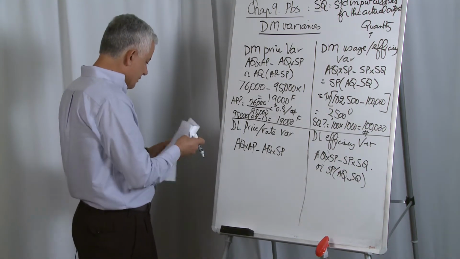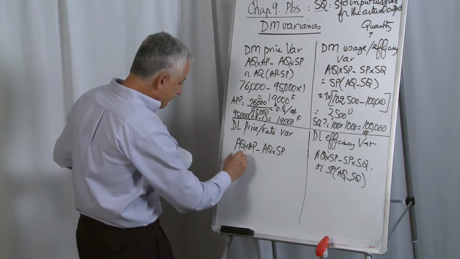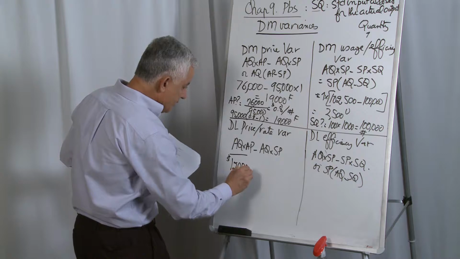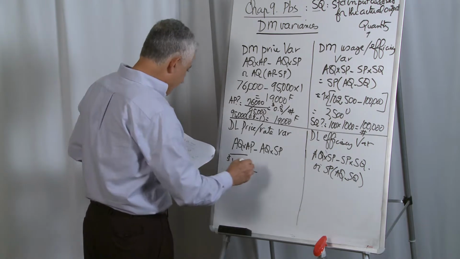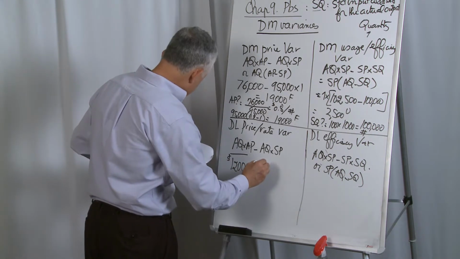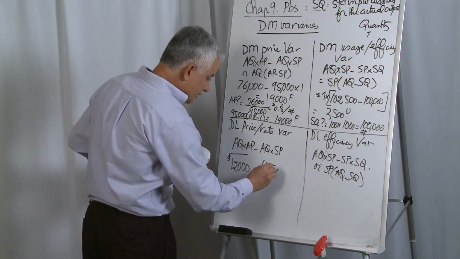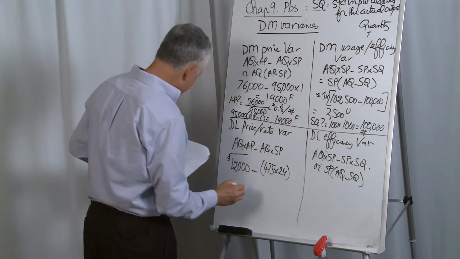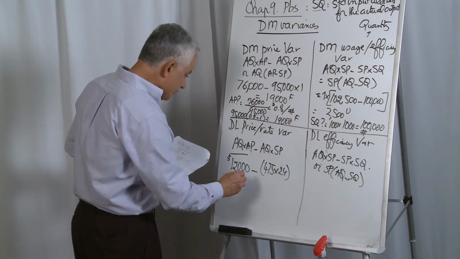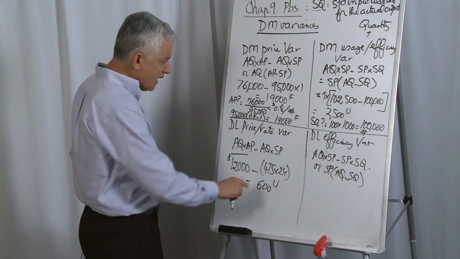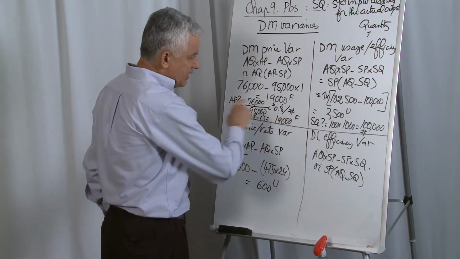We have $12,000 given, minus 4,475 times 24, which is going to be equal to 600 unfavorable. Again, U stands for unfavorable, F stands for favorable.